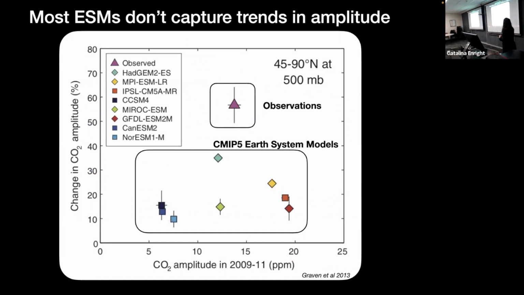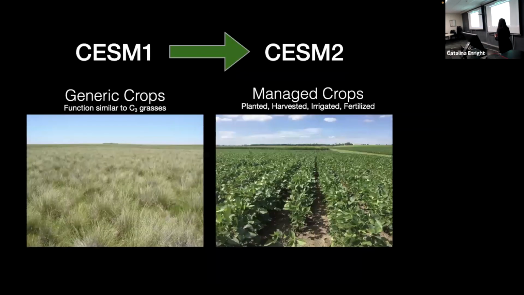You see the observations here. And then all of the Earth system models that were used in the Coupled Model Intercomparison Project version 5, which was run for the last IPCC report, are underestimating that change in amplitude. So you see none of them are capturing this at all. And one of the reasons is that none of these models included agriculture.